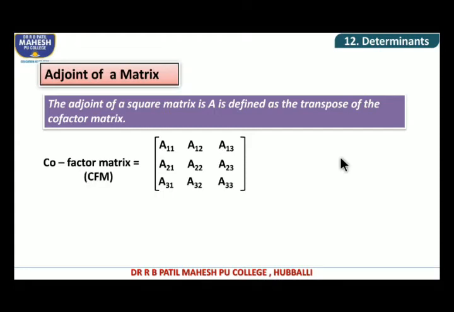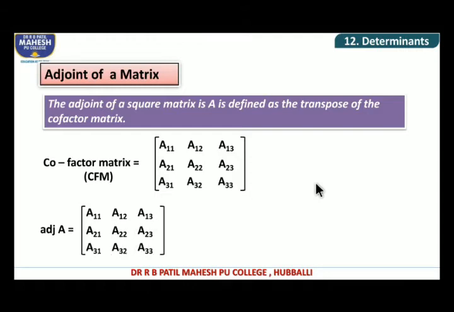Then if you want to find out the adjoint of A, you have to take the transpose of this whole matrix. That can be written as the matrix of A11, A12, A13, A21, A22, A23, A31, A32, A33, then transpose of this one, this T representing the transpose of this given matrix.